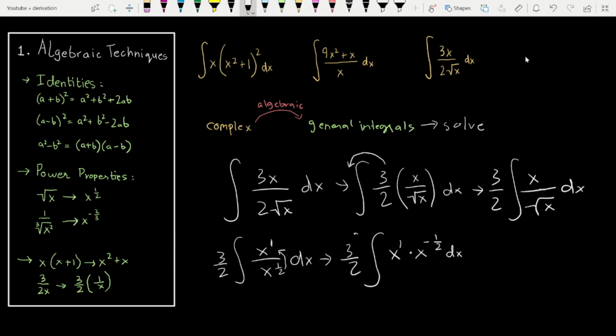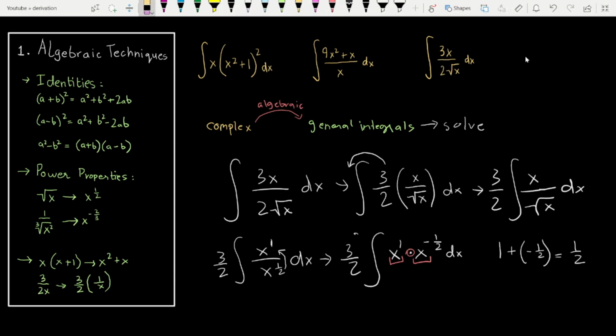Okay, so if you have the same bases, you can see this is an x, this is an x. So the base is the same, and they're being multiplied. So what's going to happen to the powers? Well, the powers are going to be added. So what happens when you add 1 and negative 1 by 2? Well, you get 1 by 2.